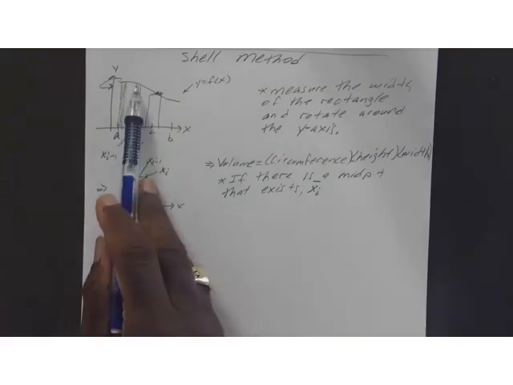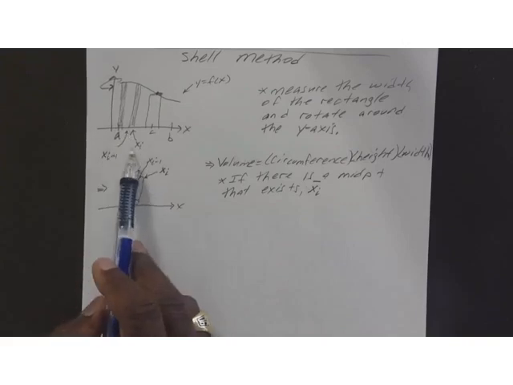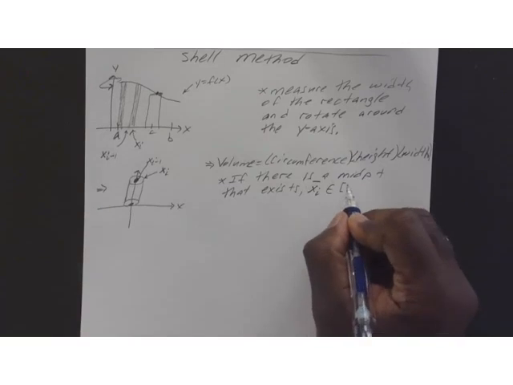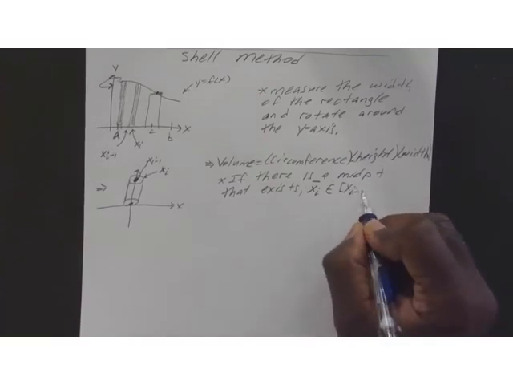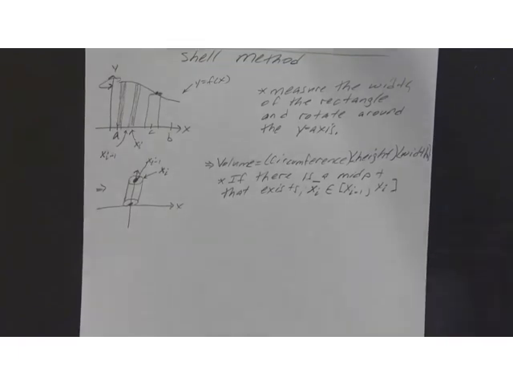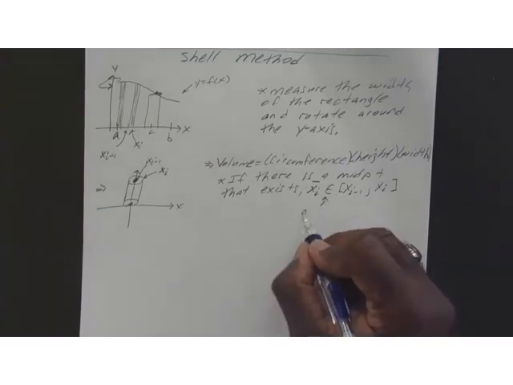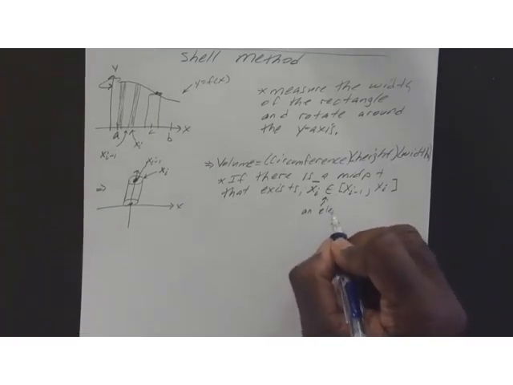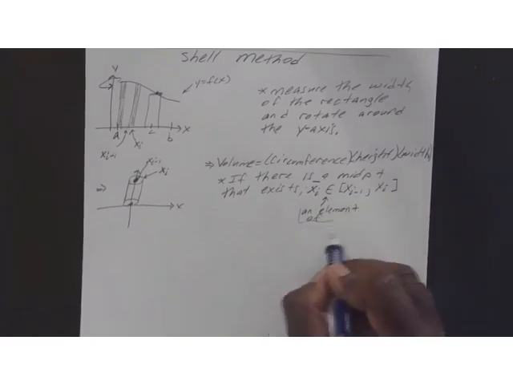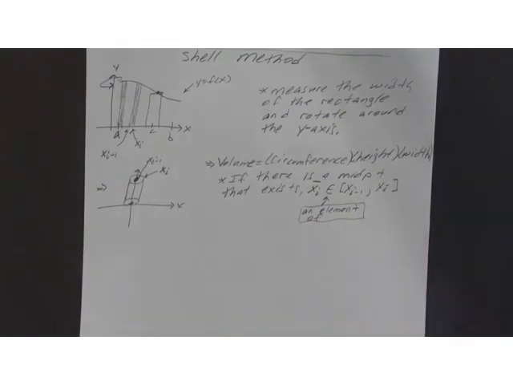That means there will be an x sub i bar in between your x sub i minus 1 and x sub i. So it's an element of the interval x sub i minus 1 to x sub i. That little symbol just means an element of, basically one of the points somewhere in that interval.